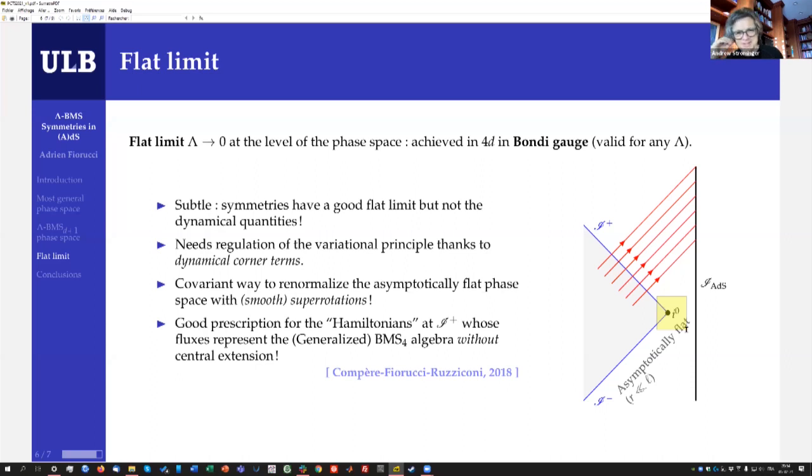I guess Maldacena was talking about this during his talk on Monday. So how does that work in the classical theory?